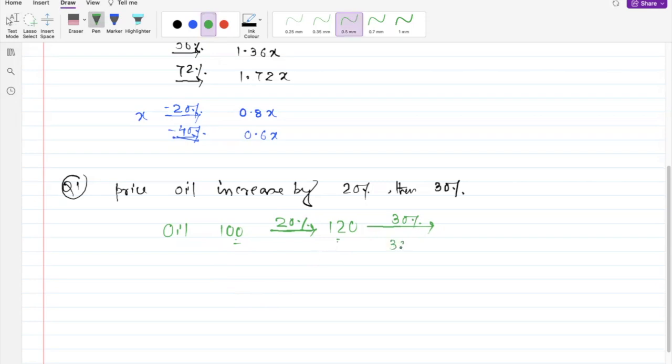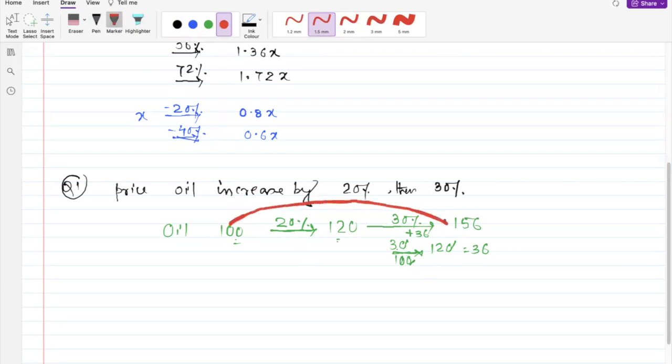So 30% of 120, both the 0 got cancelled out, 12 threes are coming out to be 36. So I'll be adding 36 here and I'll be getting 120 plus 36 is 156. So the final change, it was 100 and ultimately it has become 156. We call it a change of 56%.